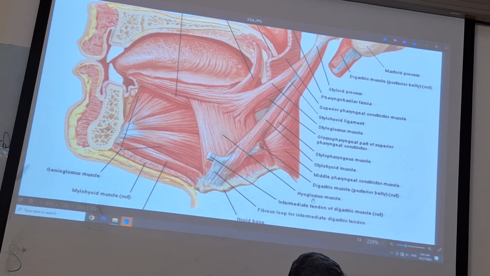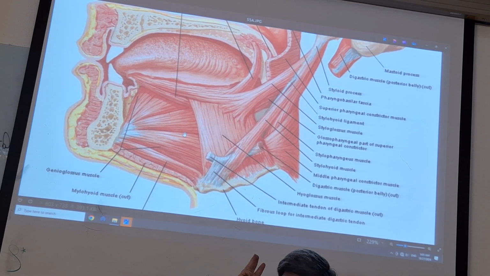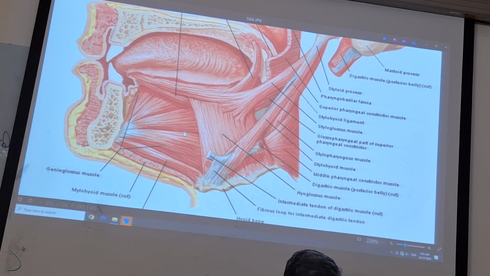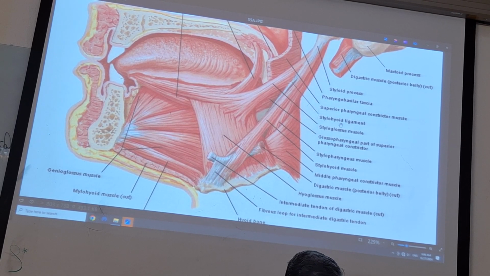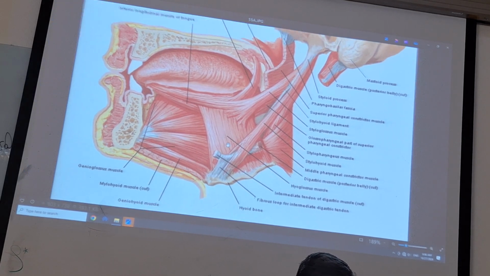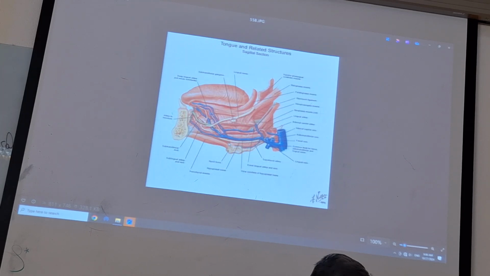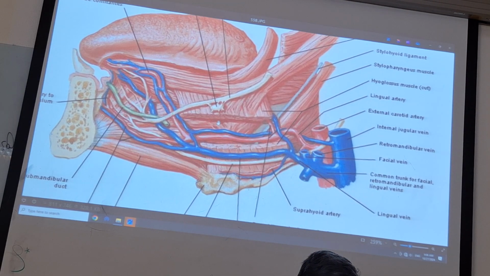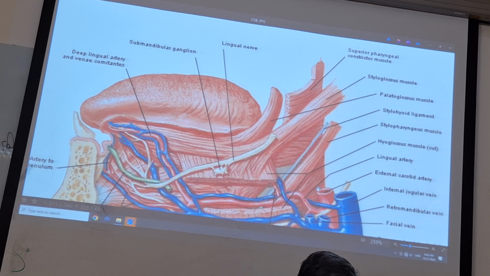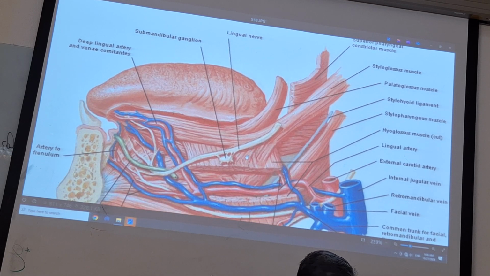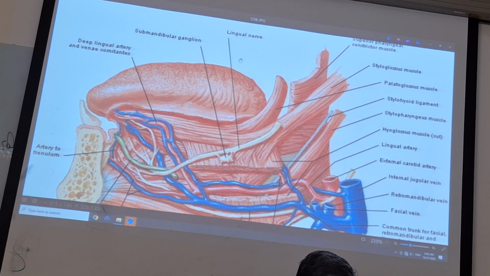Deep surface of hyoglossus, relation with three structures: lingual artery, glossopharyngeal nerve, and stylohyoid ligament. Lateral surface of hyoglossus, which structures?